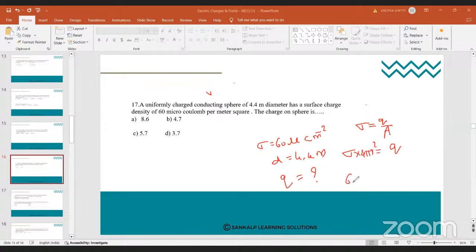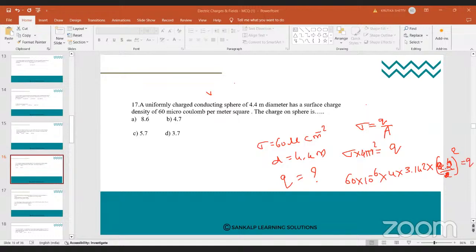So 60 into 10 raised to minus 6 into 4 into 22 by 7 or 3.142, anyhow you can take, into radius. Diameter is 4.4, so radius is 4.4 divided by 2, which is 2.2. So directly I can take 2.2 whole square, which is equal to Q.